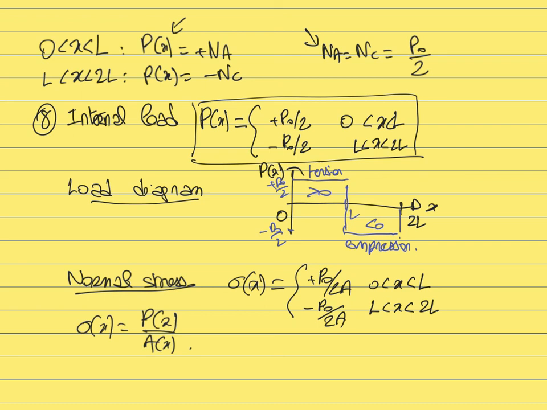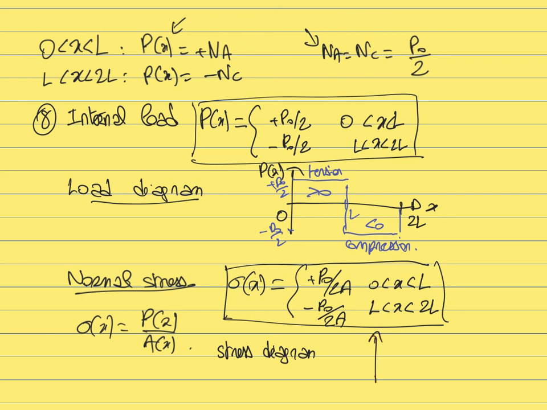So in this case, this is the result that we want if our goal is to calculate the internal stress within the structure. And again, now if I'm asking you the stress diagram, then what we would need is to plot the value of the stress as a function of x. So we will need to plot the stress for every x ranging from 0 to L up to 2L.